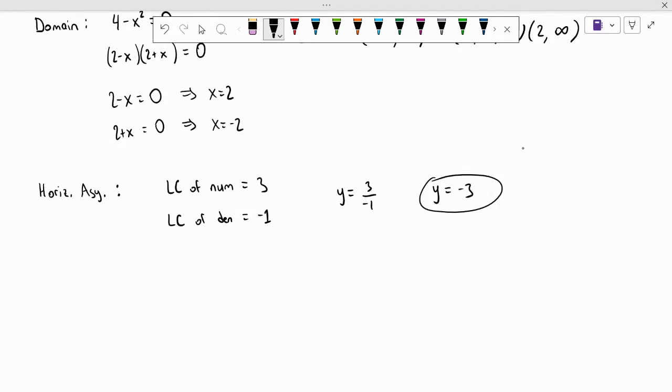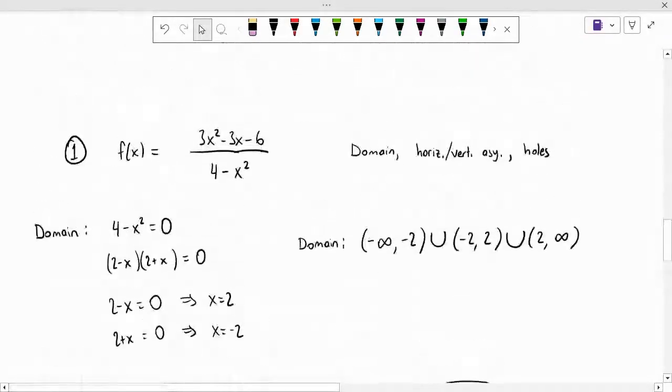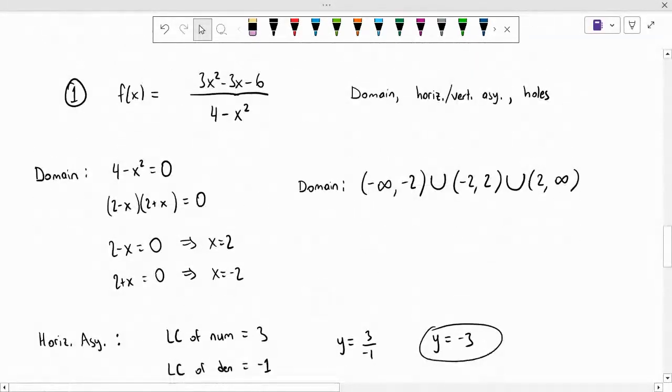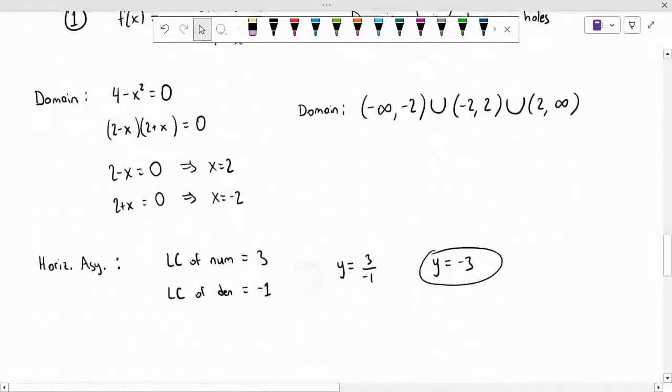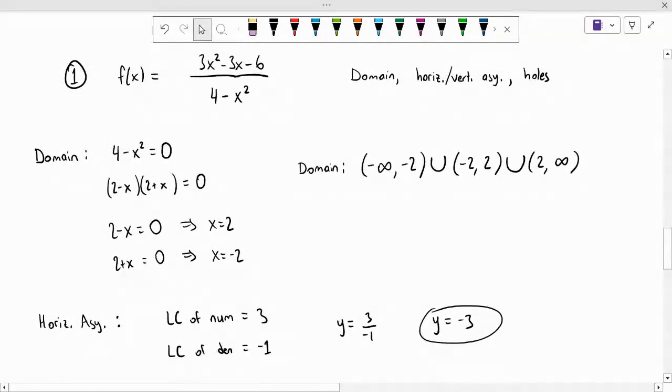Now for rational functions, you'll only have one horizontal asymptote. But other types of functions can definitely have more than one horizontal asymptote, okay? And you'll probably see some examples of that as you go along.